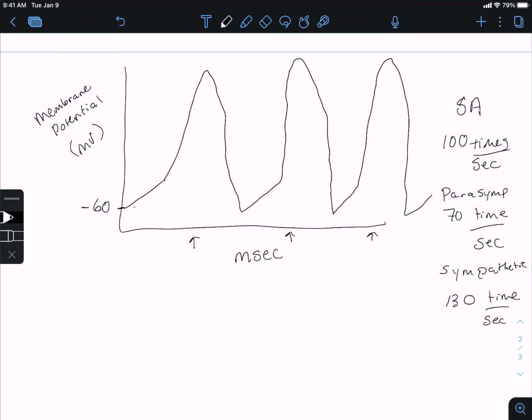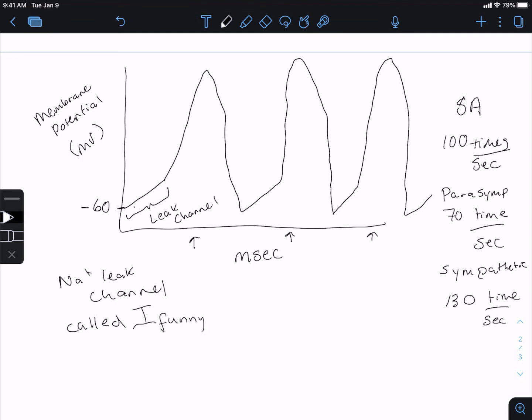Now what causes this? This portion right here is caused by a leak channel, specifically a sodium leak channel called the I-funny channel. This is my preferred name, and it is one of the names it's called by.